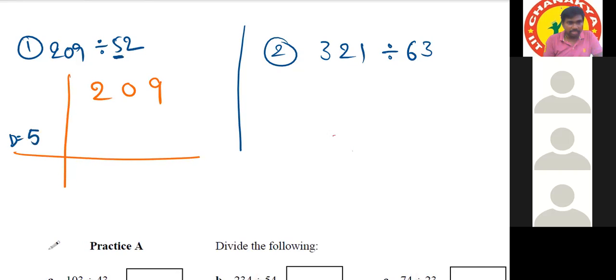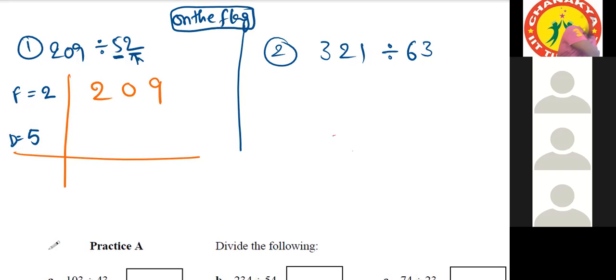And we have to write this 2 on flag. So if you recollect once our sutras, there is a sutra called on the flag. And 2 is on the flag now. In this question, 2 is on the flag now. Got it?